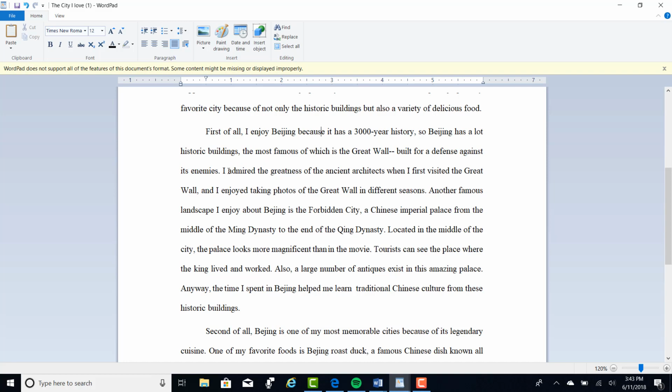You say, I admire the greatness of the ancient architects when I first visited the Great Wall, and I enjoyed taking photos of the Great Wall in different seasons.